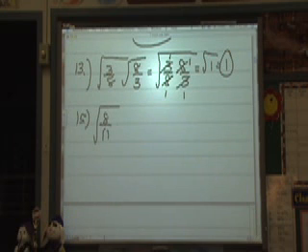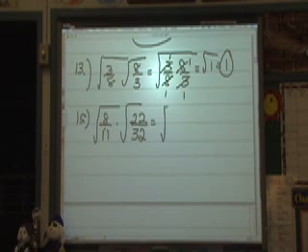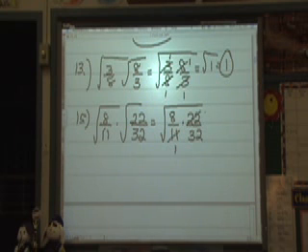Number 15, square root of 8/11 times the square root of 22/32. Maria? You put it all under the same radical. So it's 8/11 times 22/32, and you can simplify so that the 11 is a 1 and the 22 is a 2 and the 8 is a 1 and the 32 is a 4. So it equals 2/4.